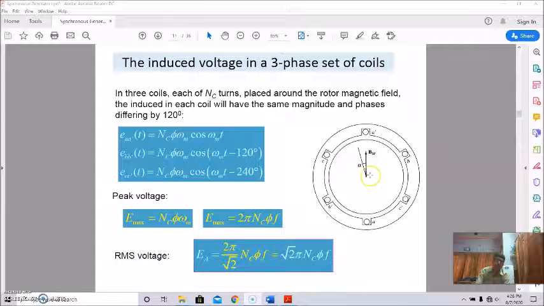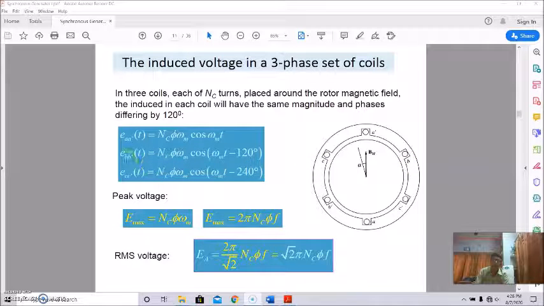Let us suppose these are the coils: this is for phase A, this is for phase B, and this is for phase C. They are 120 degrees apart, each lagging behind by 120 degrees.